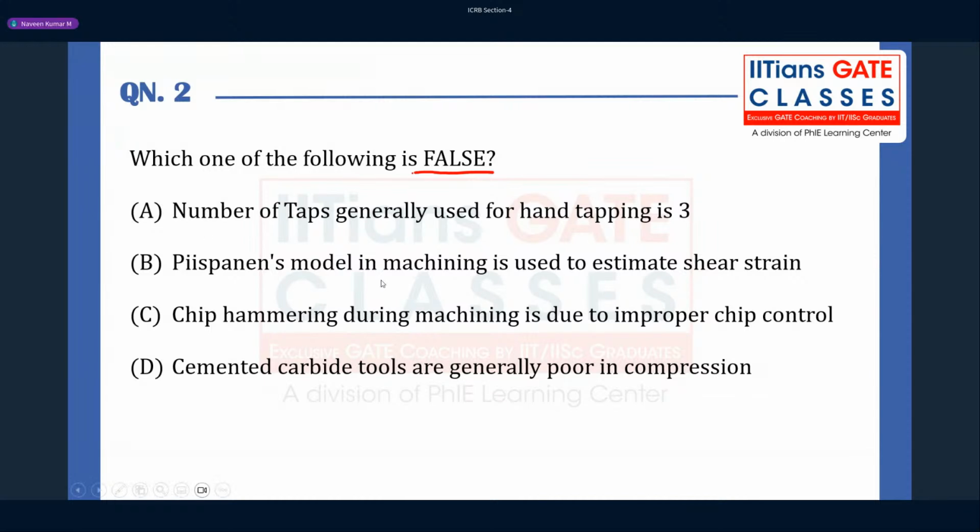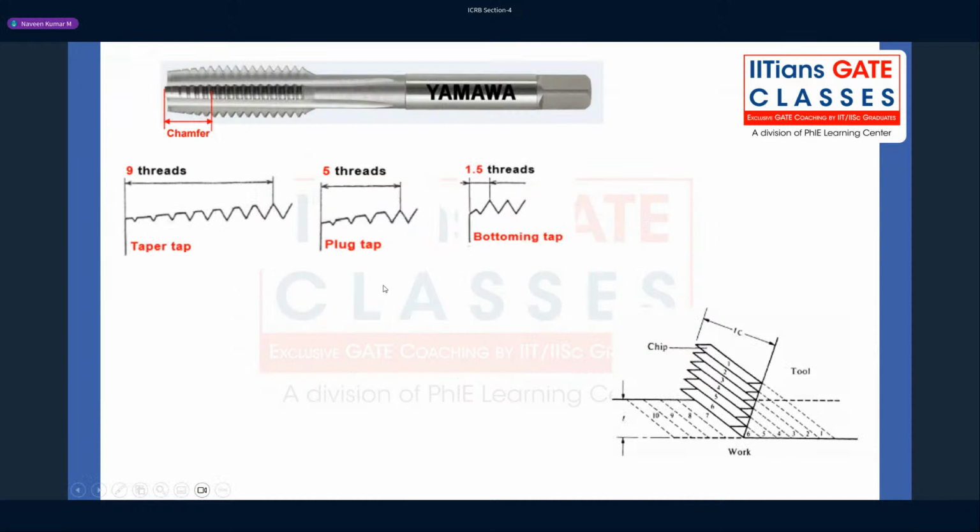If you know tapping, then it would be very easy for you. This is called the tapping process. Tapping is used after drilling or after making some holes, because the drill bit will make the hole.